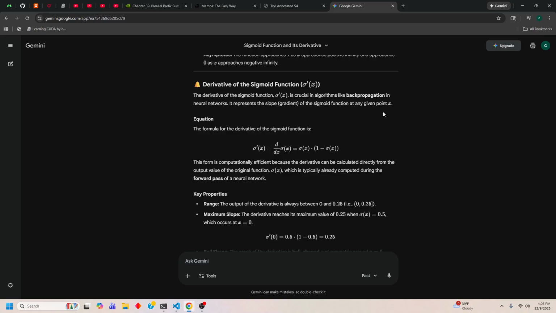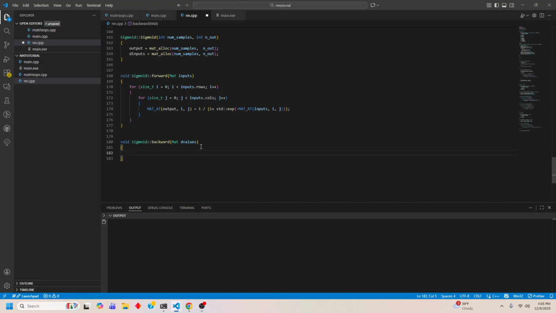And that's it for the derivative, which we don't have to fully compute, since we already computed the sigmoid for each value in the forward function, and this output is equal to the sigmoid. We can just skip a step and use the output as part of this equation.